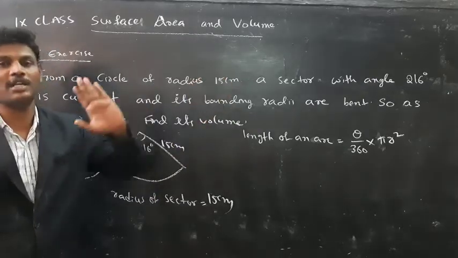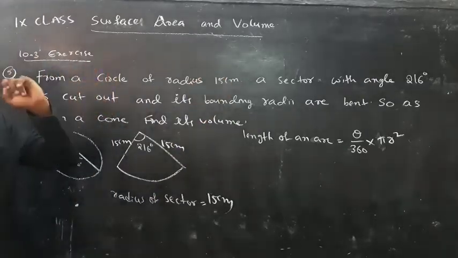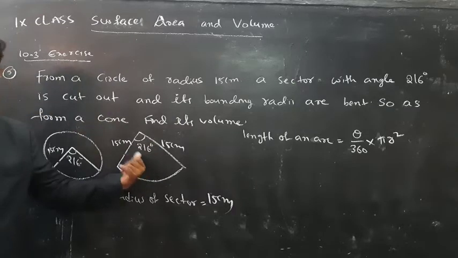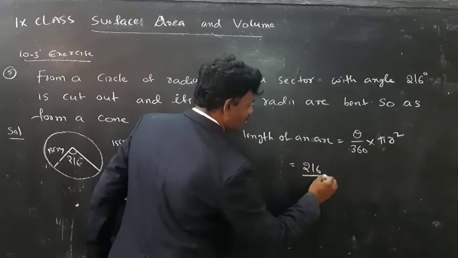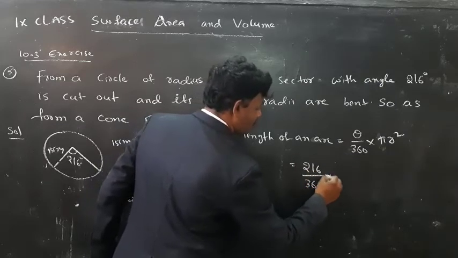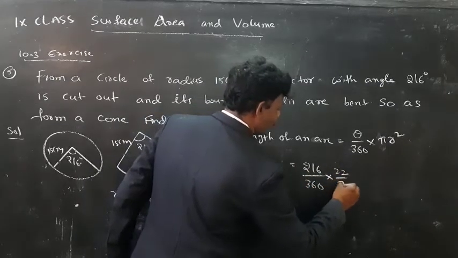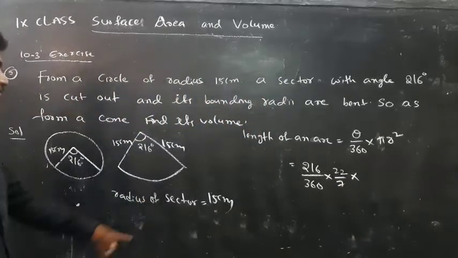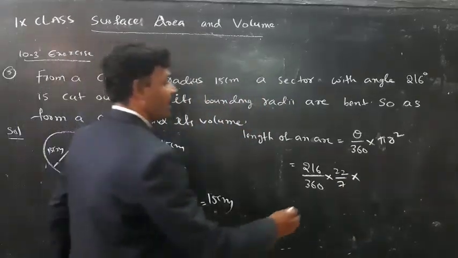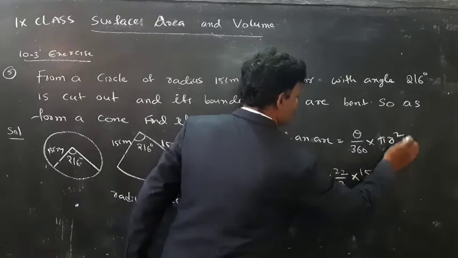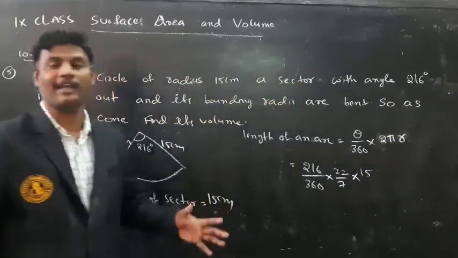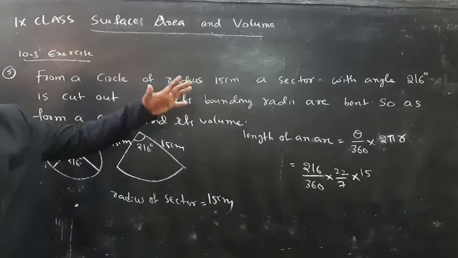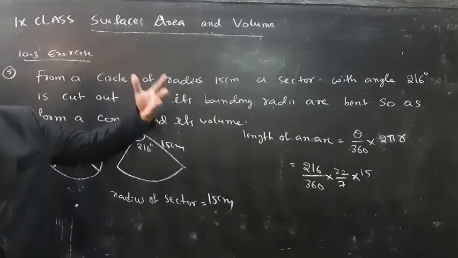Theta by 360 into 2 pi r. Sorry, it is 2 pi r, not pi r square. Theta is the given angle, equal to 216, so 216 by 360 into 2 into 22 by 7 into r.